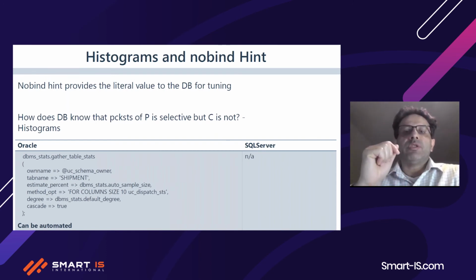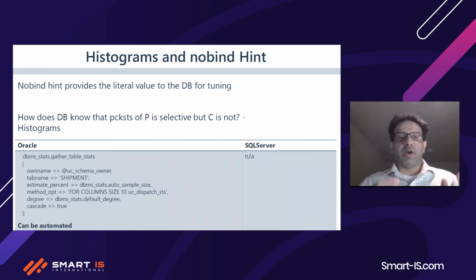That means that if the bind variable is used, the database would not know what it is, or if the bind variable is not even used, Oracle's older versions would not know if there is a good index for it, or that P is more selective than C. That is information that Oracle needs to know.